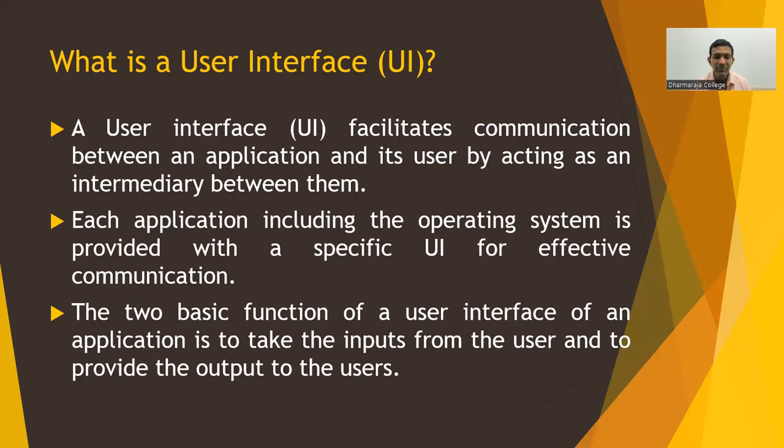Once you touch something, it gives the menu, whether you have to withdraw money or check the balance. Likewise, it gives the result. What you enter is the input, and when you see the balance on the screen, that is the output. So the two main functions are to take inputs and provide the users with outputs.